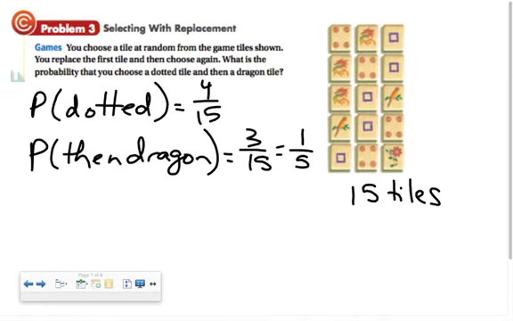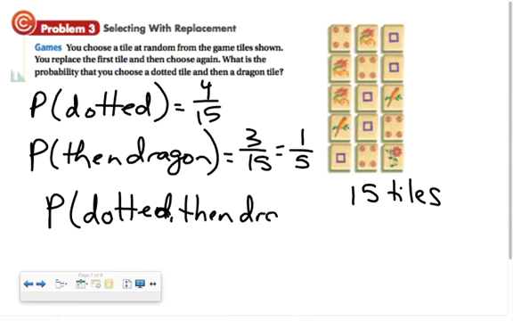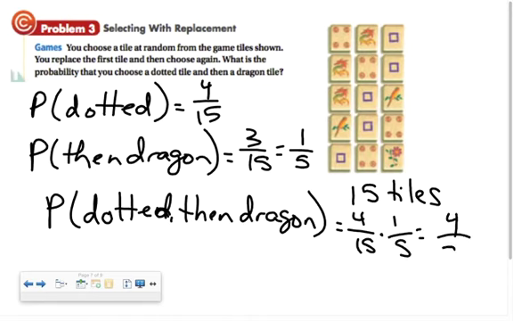So the probability of dotted and then the dragon is 4/15 times 1/5. And that's 4 over 75.